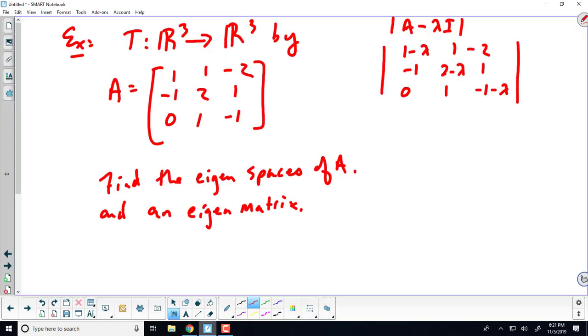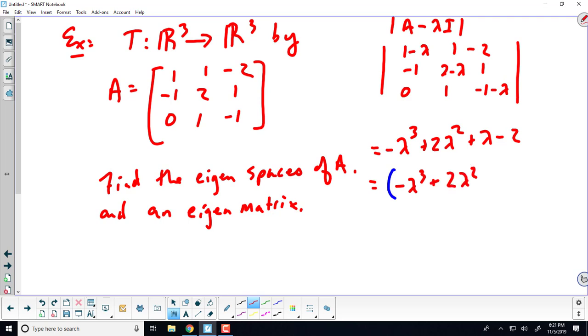So let's put that up. We found this to be minus lambda cubed plus 2 lambda squared plus lambda minus 2. In this case, factoring this isn't that hard. I could use that old technique, factor by grouping. So I group the first 2 terms together, and then group the last 2 terms together.